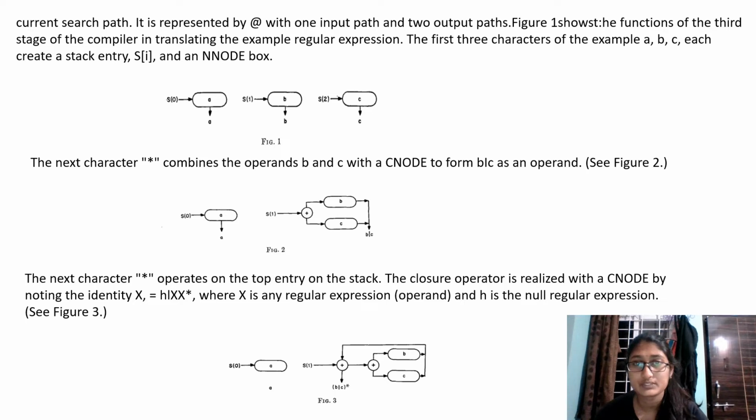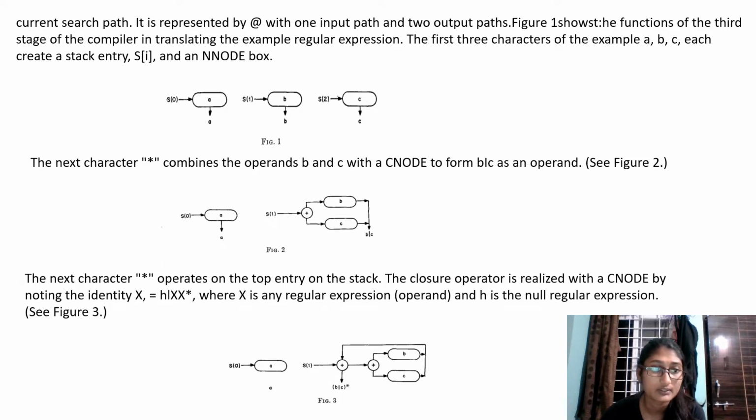Figure 1 shows the function of the third stage of the compiler translating the regular expression. The first three characters of the example, A, B, and C, each create a stack entry, that is, an end node box. The next character combines the operands B and C with the C code to form B or C as an operand, Figure 2.